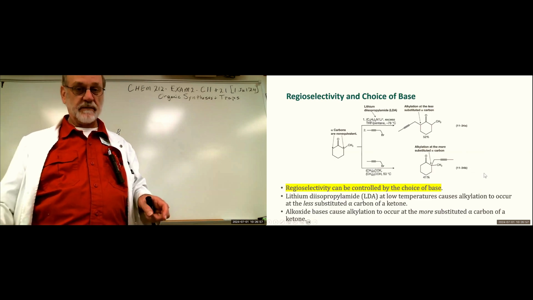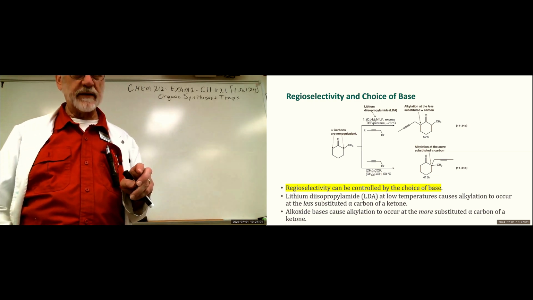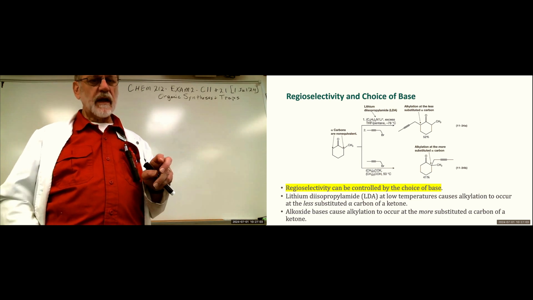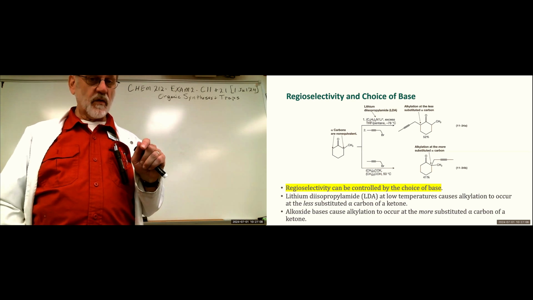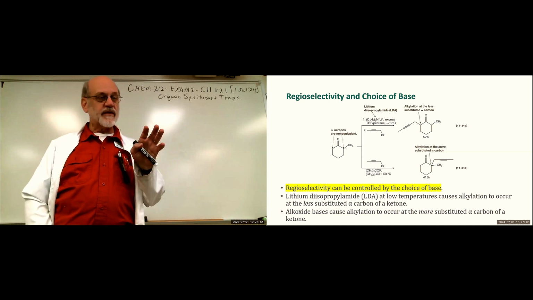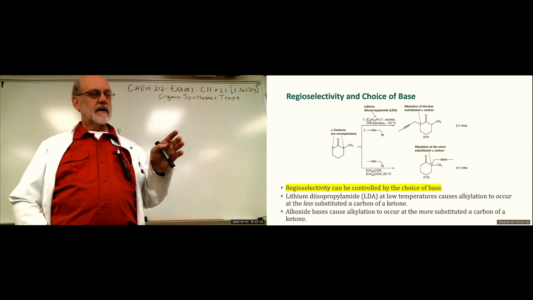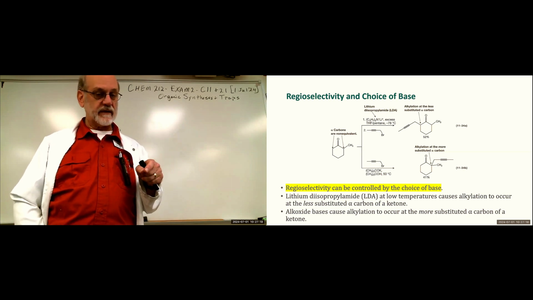What conditions tell us where we're going to form the bond? In this case, we can be selective with the use of the base. Which alpha carbon is going to be deprotonated?